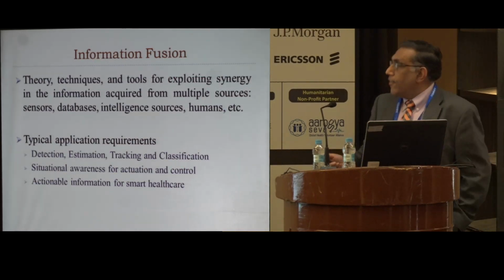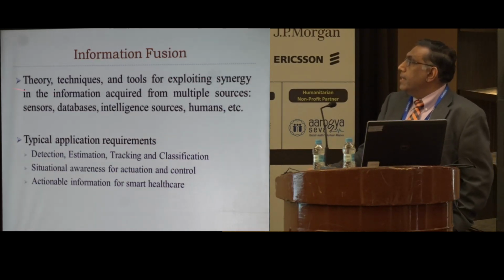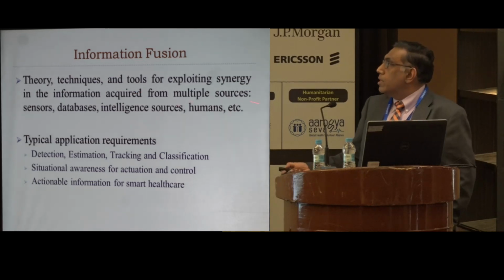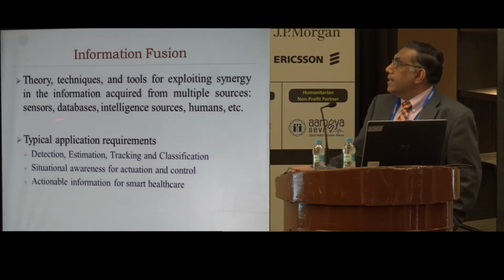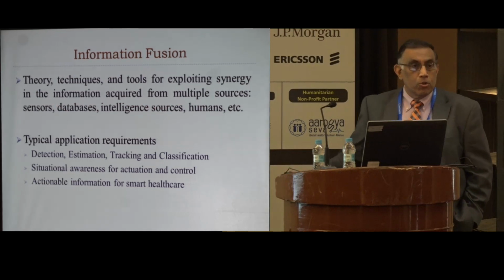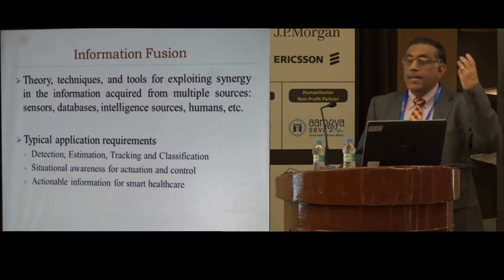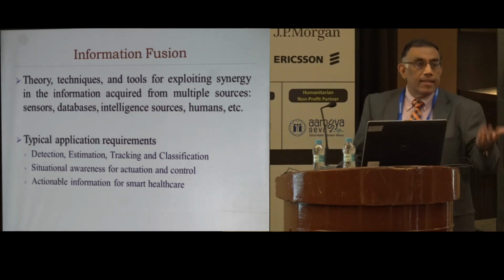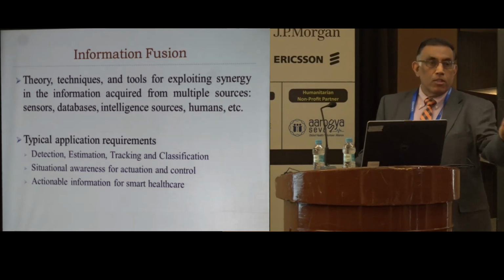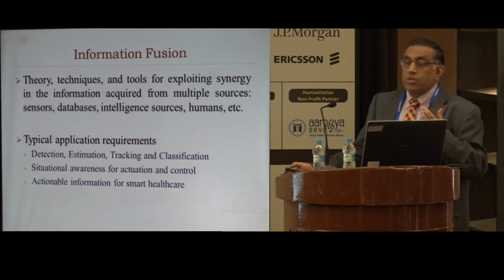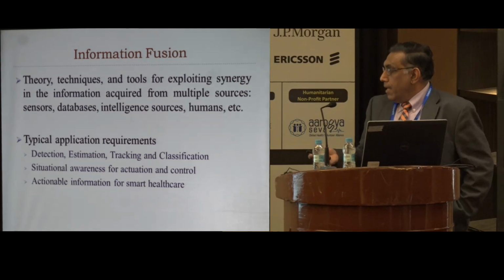So, trying to define fusion: basically theory, techniques, and tools for exploiting synergy in the information acquired from multiple sources. These could be sensors, databases, humans, intelligence sources, whatever the source of information is, that you try to put all together.